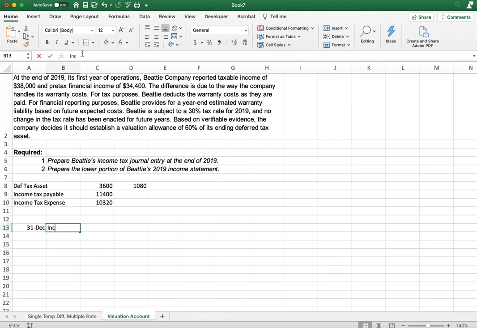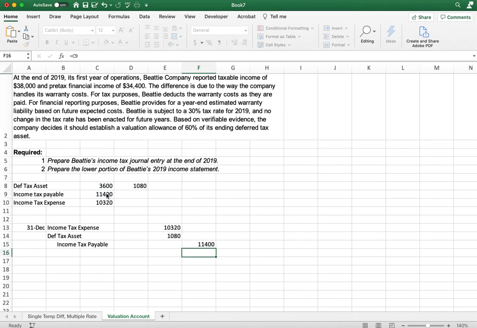December 31st, income tax expense, the $10,320, deferred tax asset, we calculated as $1,080, and then our income tax payable for $11,400.